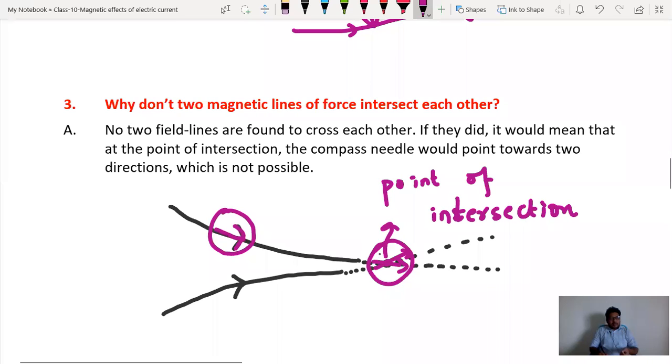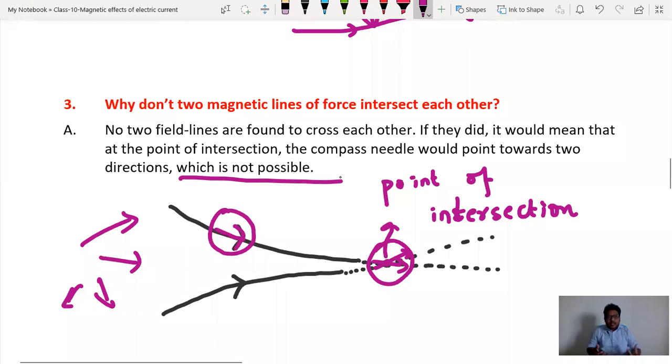And at the same time, that magnetic compass cannot show two directions at the same time. It may show either east or west or south or north, only one direction at one instant. It cannot show multiple directions at one instant, which is not possible. Right? It will get confused.